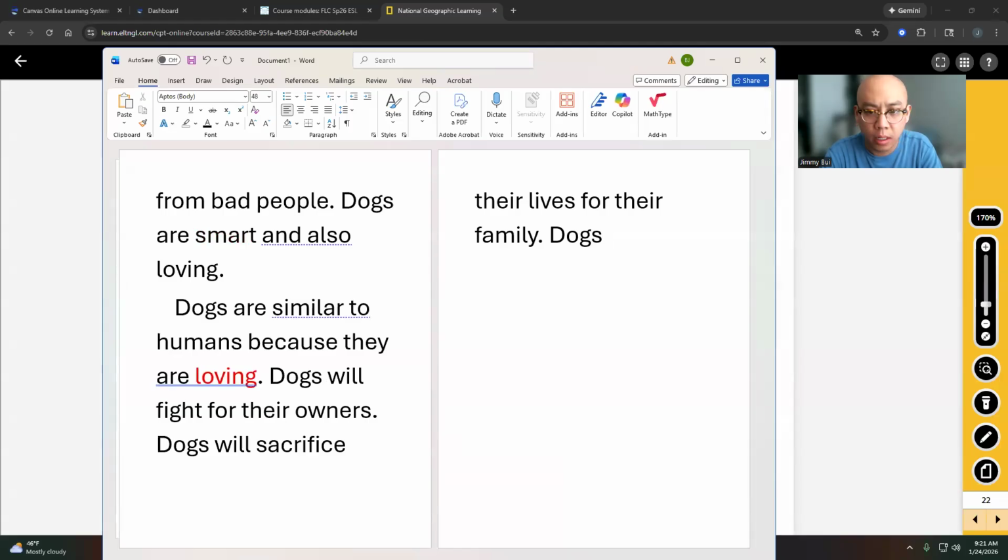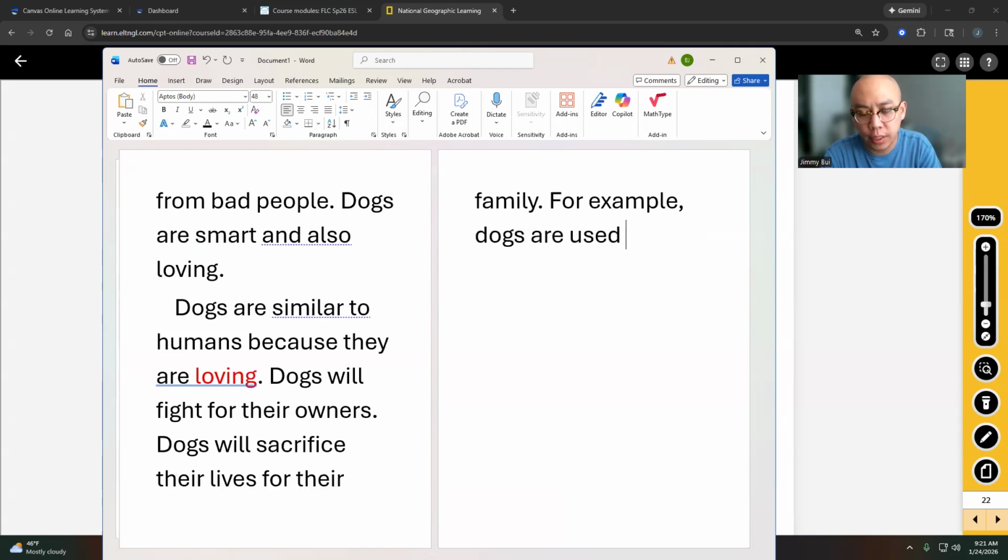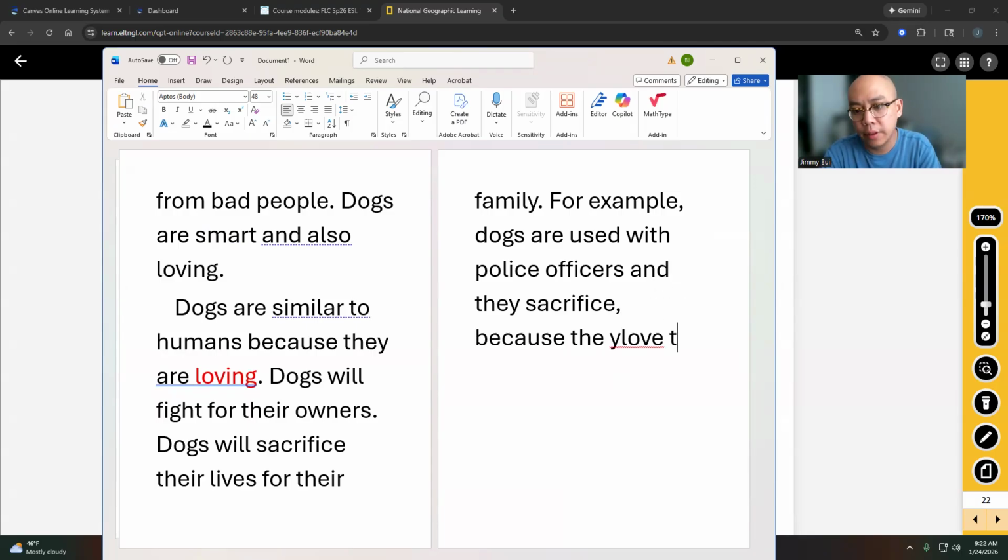Also, for example, dogs are used with police officers, and they sacrifice because they love their partner so much.